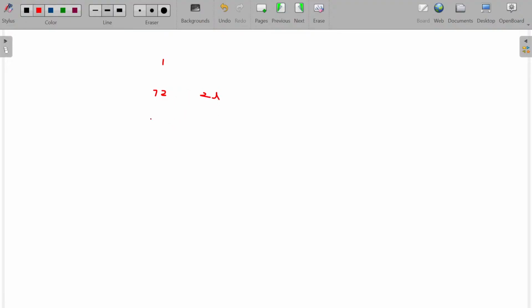Another 72 days, 144, again you withdraw 2 lakhs. Another 72 days, 216 days, another 2 lakhs. And 288, another 2 lakhs. And 360 roughly, then another 2 lakhs.